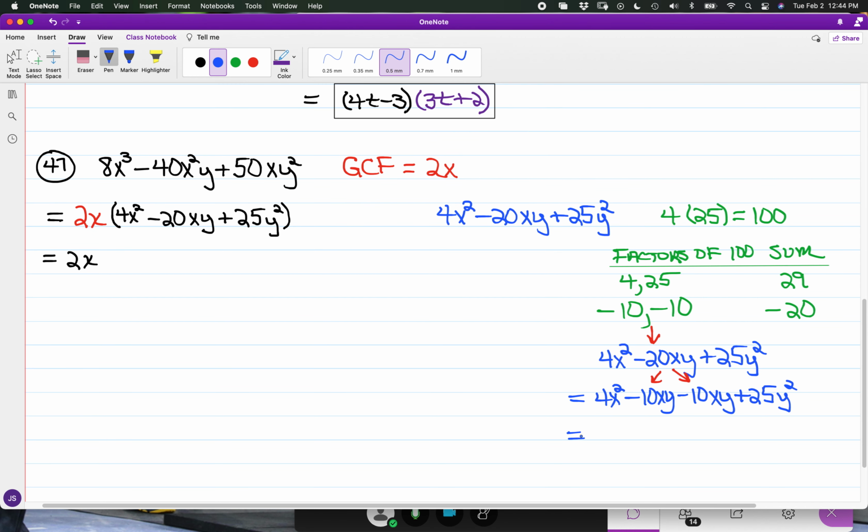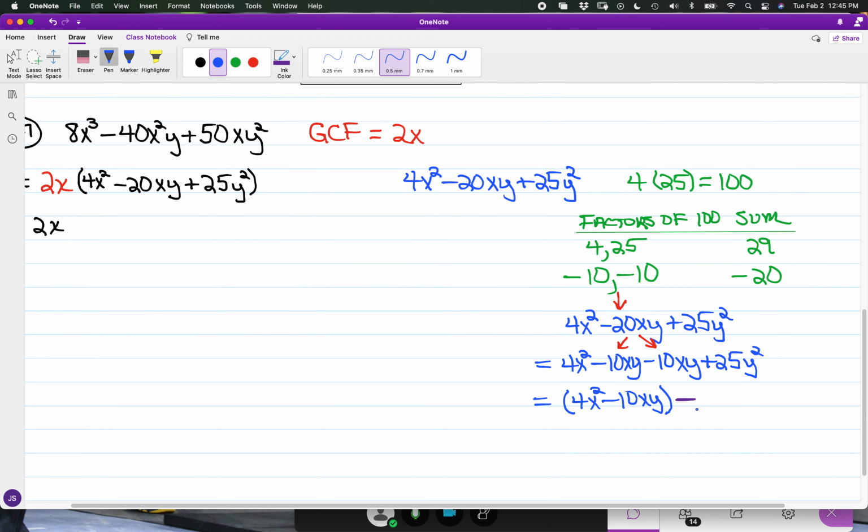And looking at pairing up the first two terms, we have 4x squared minus 10xy. First half in the pairing is an easier process, whereas with the second half, because we have subtraction in the middle, you've got to be careful with the signage.